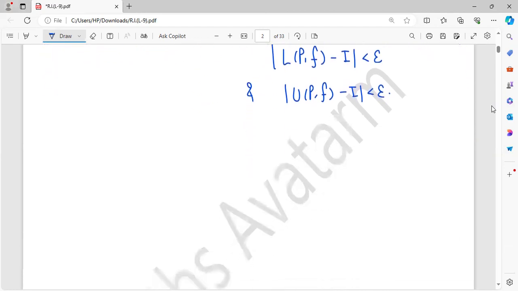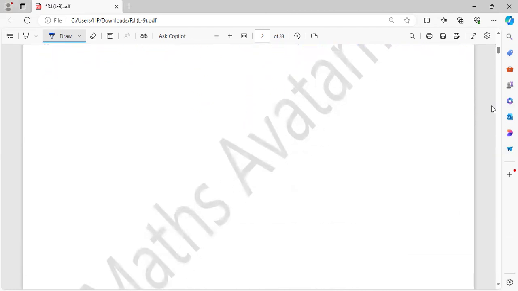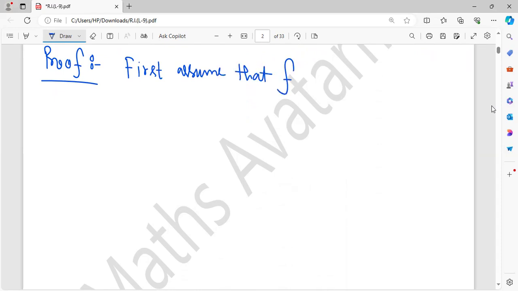So let's go through this. First, assume that f is Riemann integrable, which means f belongs to R[a,b].